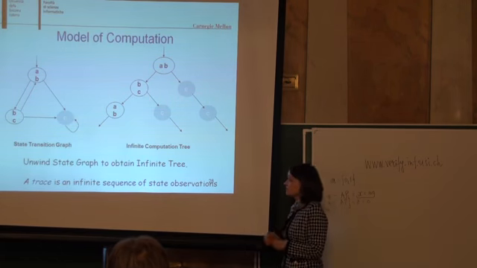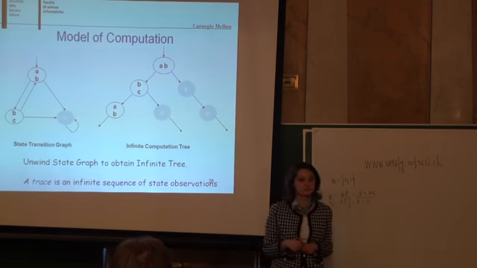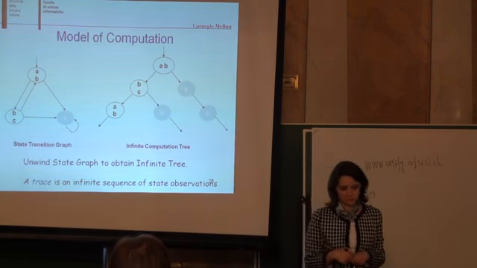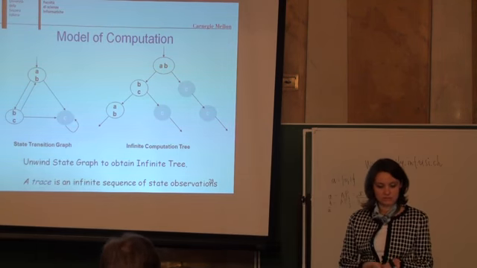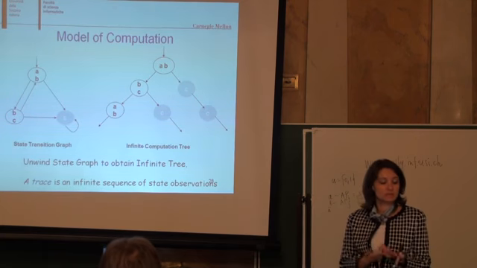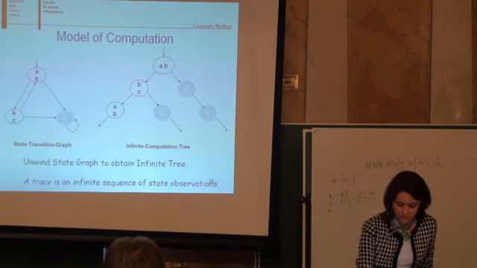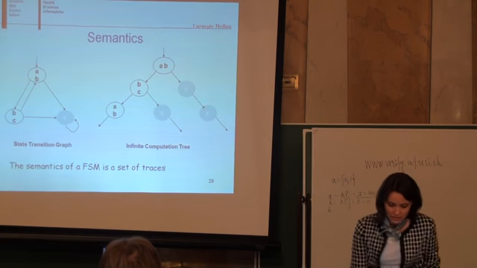So essentially a trace is an infinite sequence of state observations. Even though I have a finite state machine to represent the system behavior, I'm able to encapsulate infinite behaviors. Therefore it's really quite realistic. So realistic systems could be modeled this way.